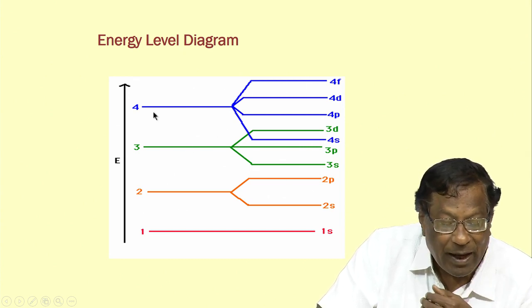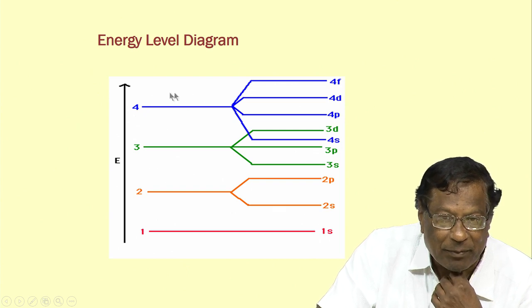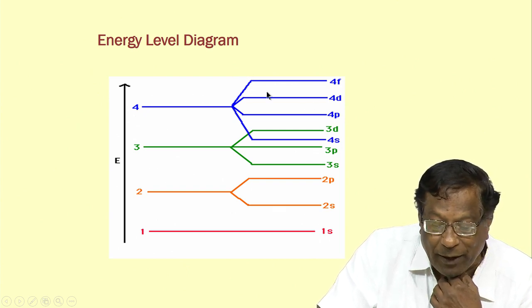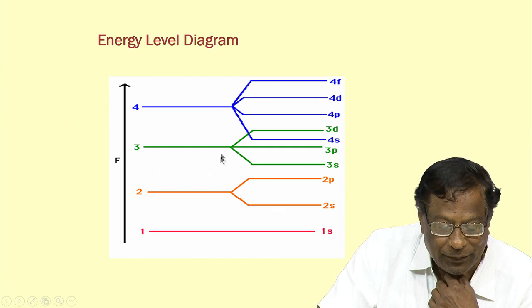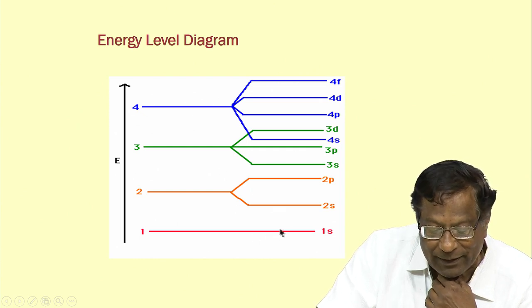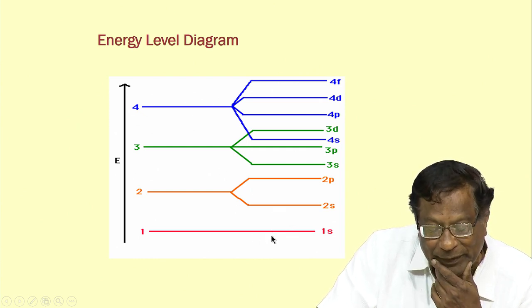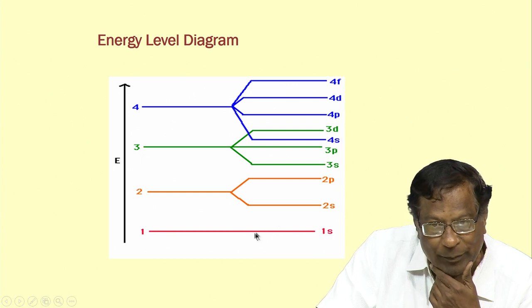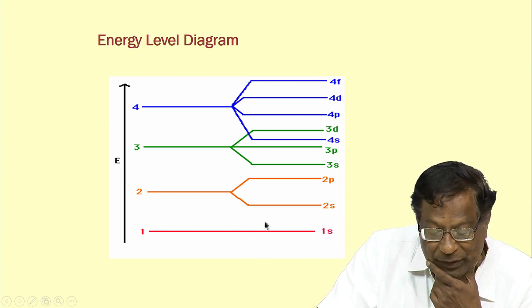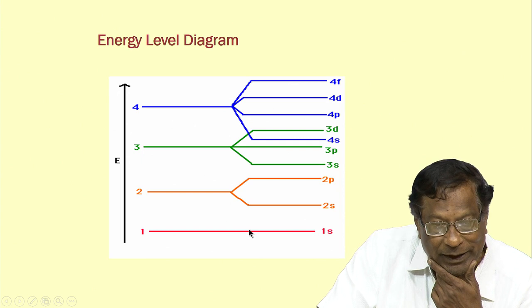Therefore, if I choose any element having principal quantum number 4, it can have so many electrons, and each energy level is populated by a minimum of 2 electrons.